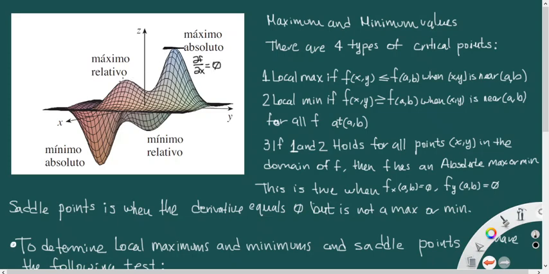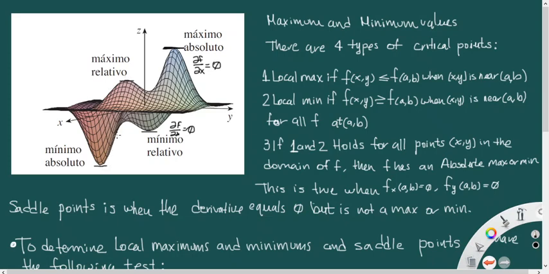Same case here, same case here, same case here. So whenever the derivative of the function equals zero, then we can say that we are dealing with a critical point, either maximum or minimum. That's the case for this one, and that's the case for this one.